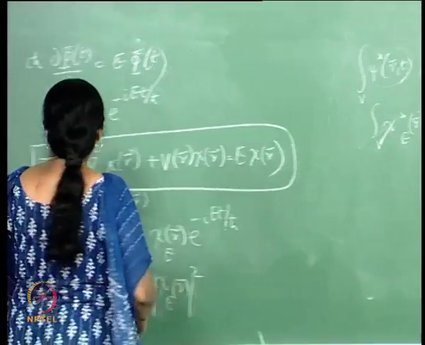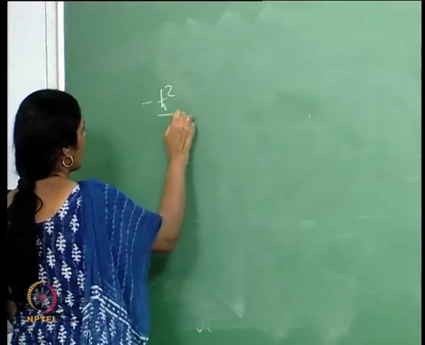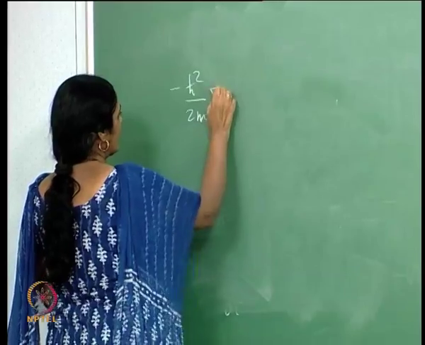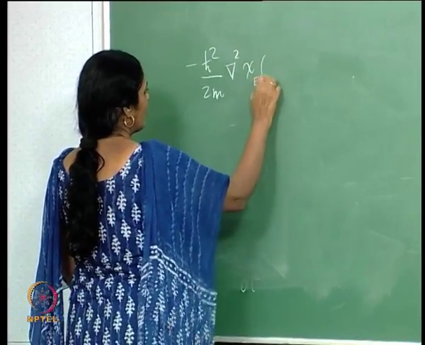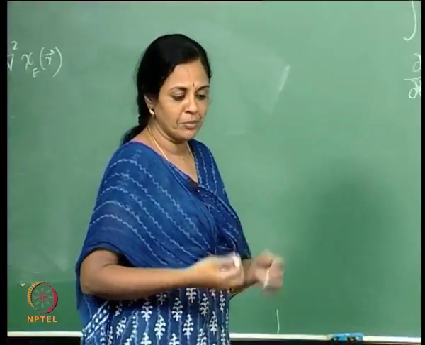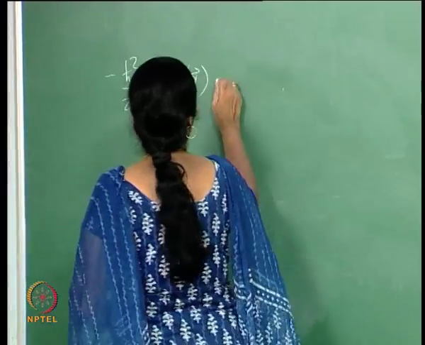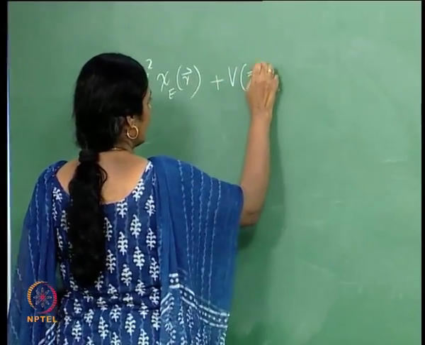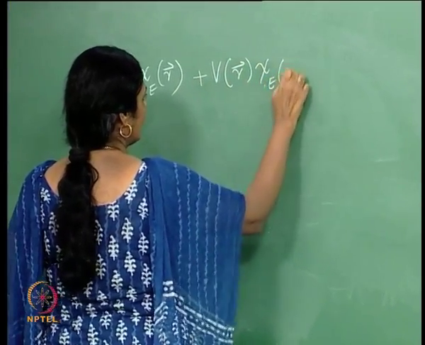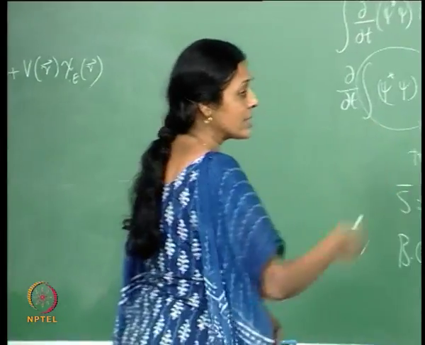So, the time independent Schrodinger equation can be written this way: minus ħ squared by 2m del squared χ_E(r), that came from the kinetic energy, it came from p squared by 2m, plus V(r) χ(r) is E χ(r).